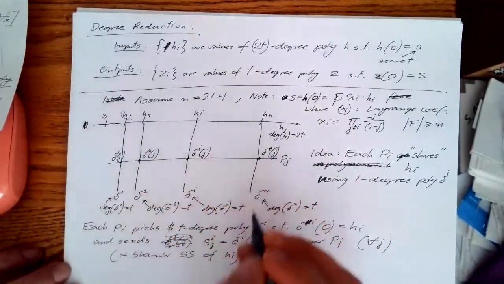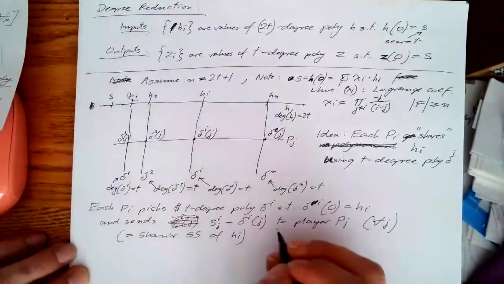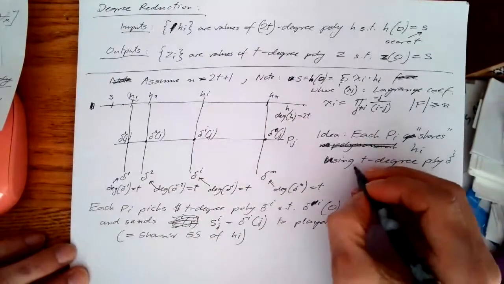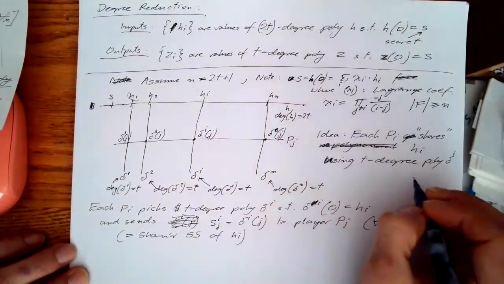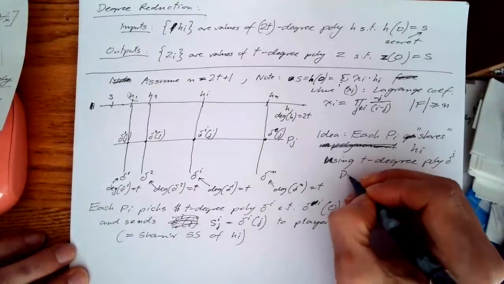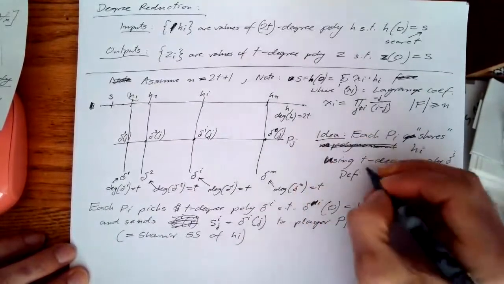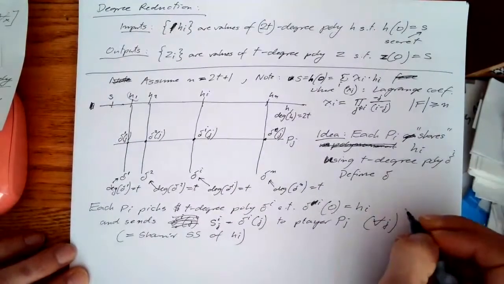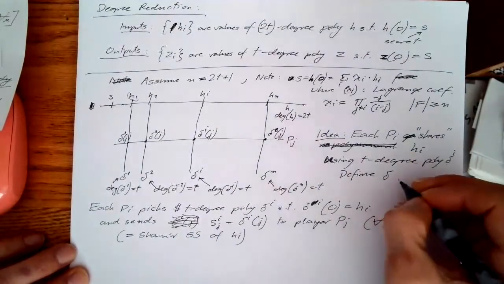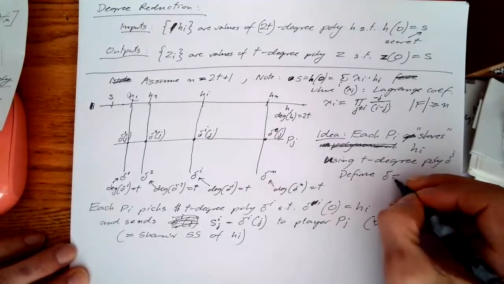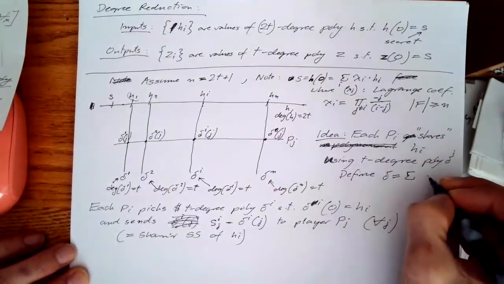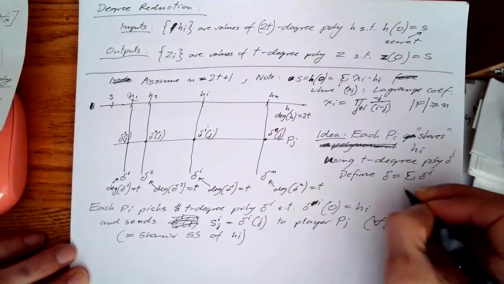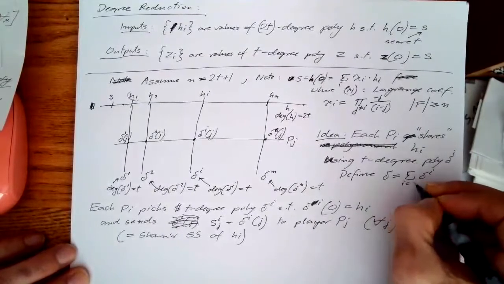And let's define polynomial delta as the sum of delta i's for all i.